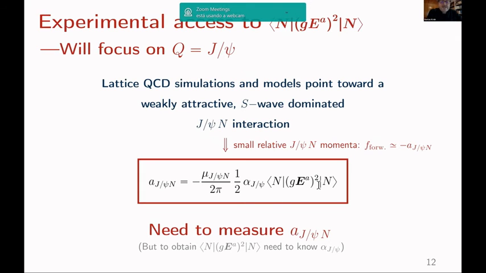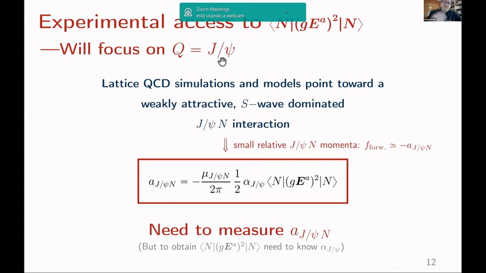So how to access experimentally this matrix element? Here I will focus on J psi. From the outset I'm already having problems with J psi, because perhaps the multipole expansion is not valid, or it has some limitations.